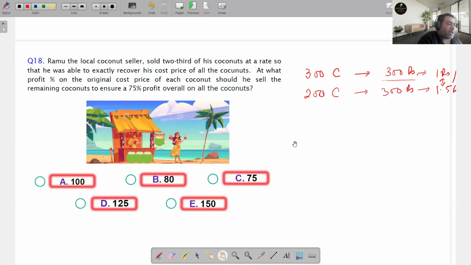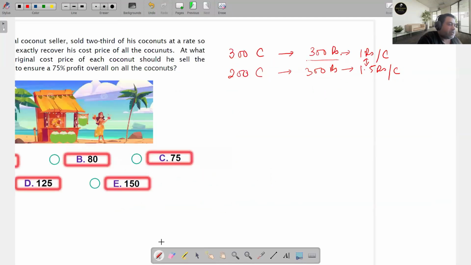So let's first understand. Let's take this as an example only and solve this, because you can use arbitrary figures here. The reason being, this question is all talking about percentages. So for 300 rupees, if I want to make 75% profit, then I need to sell it at 175% of the cost, correct?